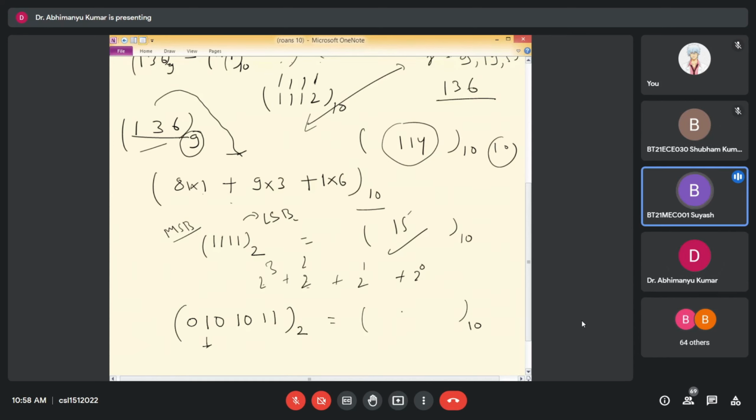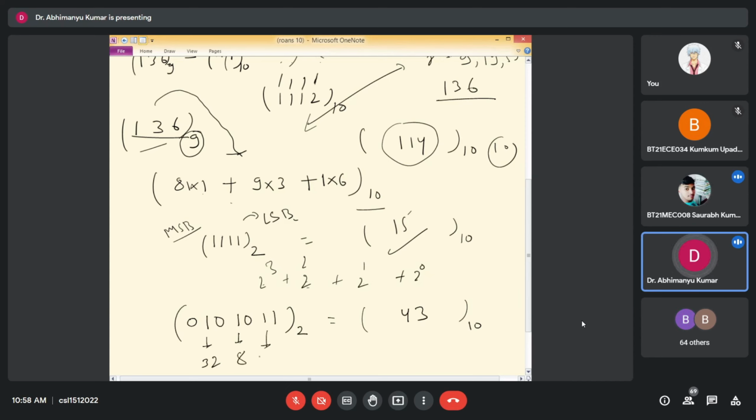So 43. This value is what? 2 to the power 0, 1, 2, 3, 4, 5. 2 to the power 5, 32. This value is what? 2 to the power 3, 8. This value is what? 2 to the power 1, 2. This value is 2 to the power 0, 1.